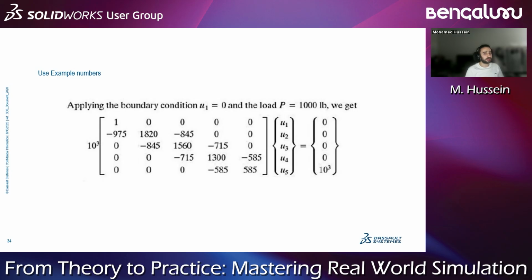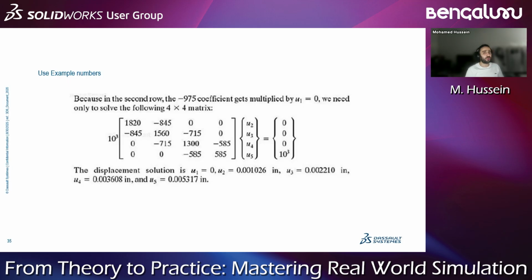If you check this right now, I will be solving in total 4 equations, and I have 4 variables, U2, U3, U4, U5. So I am able to get all of my variables. I'm getting U1 as 0, which is basically one of my assumptions. Then I have U2, which for sure has a value.